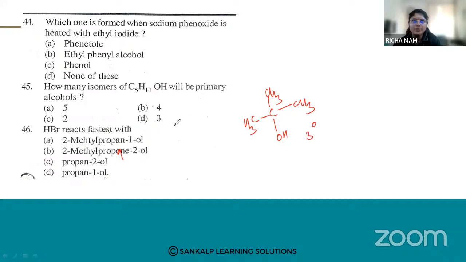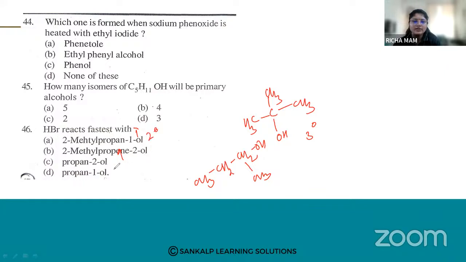2-methyl propan-1-ol is a primary alcohol.